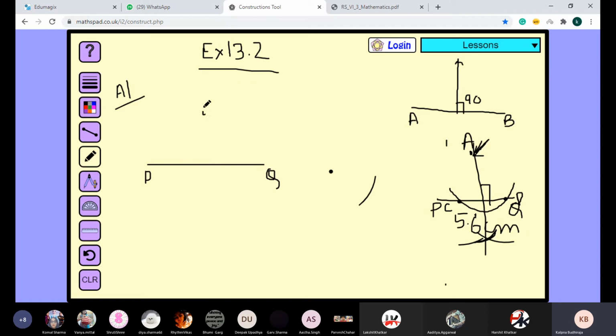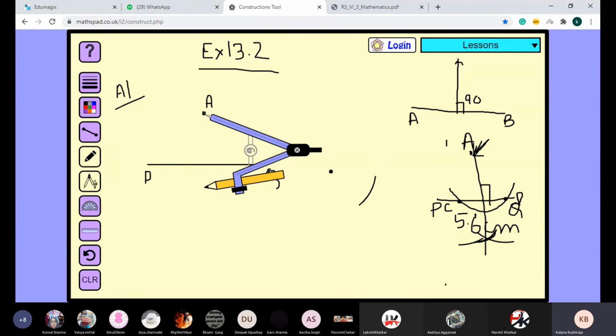After this, take a point A outside PQ. ठीक है? Now I am bringing the compass and placing it at point A. Now observe it carefully, all of you. I have opened the compass in this way.